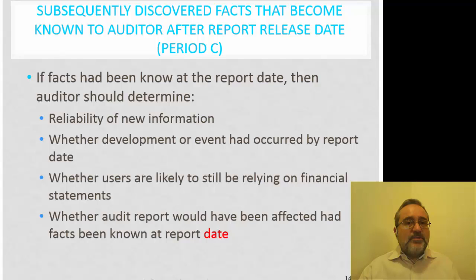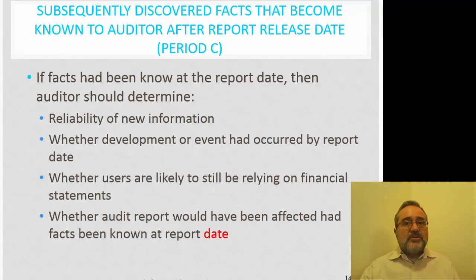The last piece that we want to talk about is subsequently discovered facts that become known to the auditor after the release of the audit report. This is period C. This is not a subsequent event. This is a subsequently discovered fact. So you need to understand that there is a distinction.